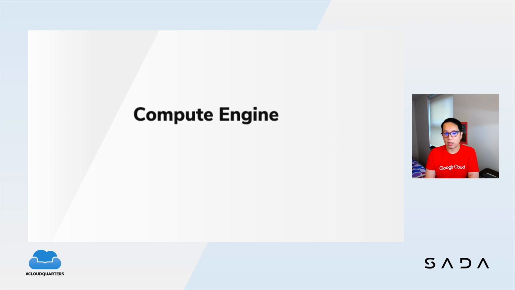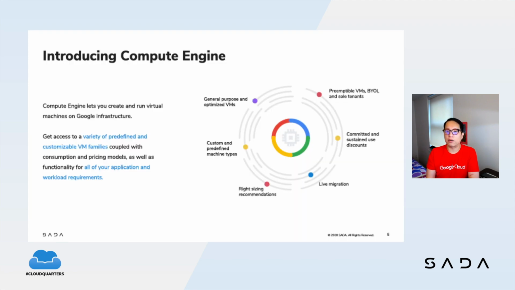First of all, let's talk about the Compute Engine. Most often we mention it as GCE, which is Google Compute Engine as a short form. GCE is actually virtual machines running on Google Cloud infrastructure, which provides various predefined or even customized VM families for you to use, with a very customizable pricing model and also with a larger capability.